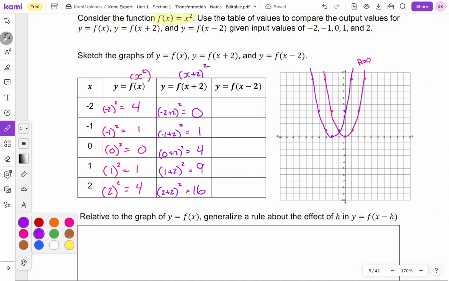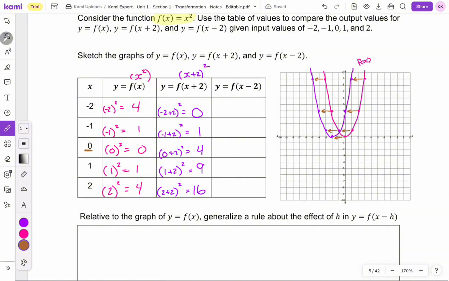So as you can see here, if we compare to our parent function, every single point I moved here just moved over 2 spots. Moved over 2, moved over 2, moved over 2. And this is again because this 0 used to give us an output of 0.